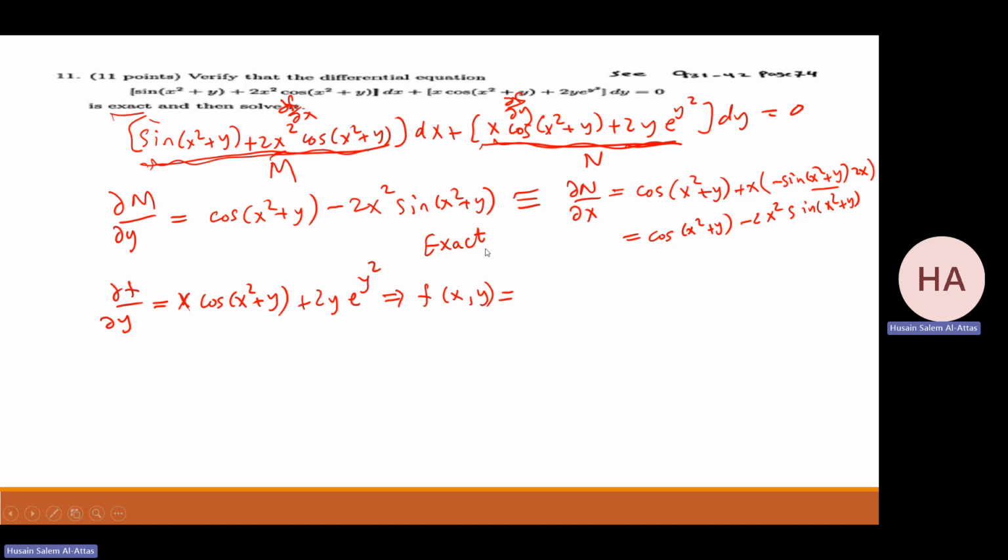Integral of this, that is what? x is just a constant. So to integrate this, it's just a function of y. So that will be x sine x squared plus y. This is u, this is du. So plus e to the y squared plus a function of x. Easy one.